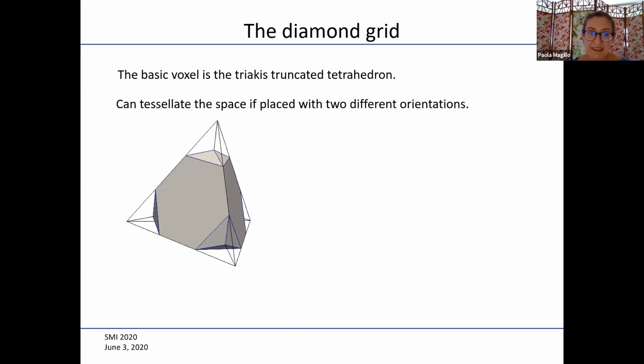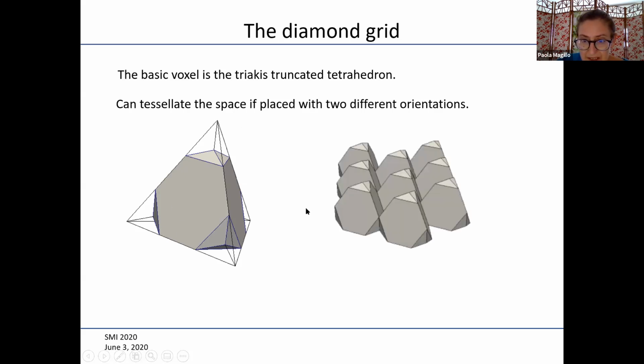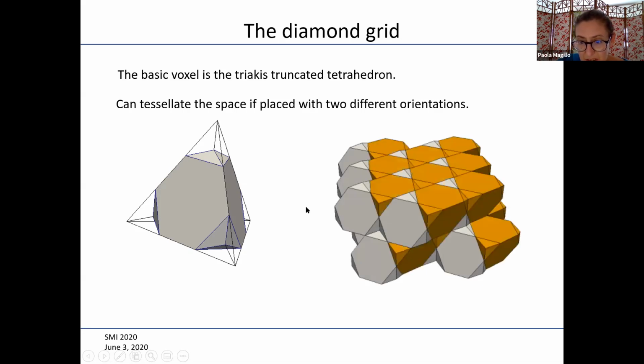The diamond grid. One may think that the tetrahedron tessellates the space, but it is not true. In order to tessellate the space, we need this special truncated tetrahedron, which can fill the space if used not in just one orientation, but in two different orientations.